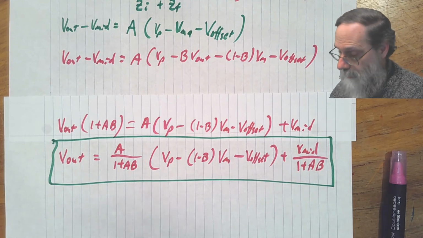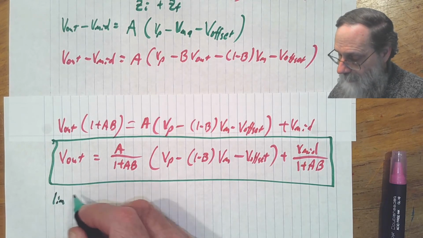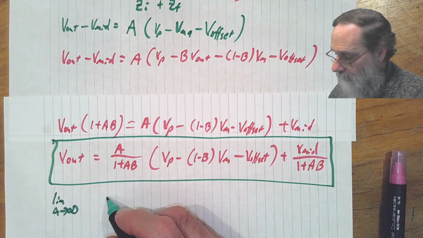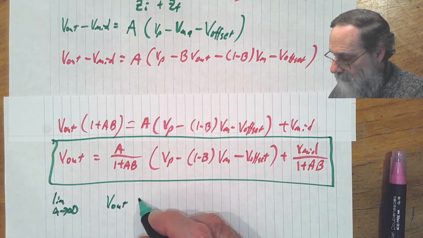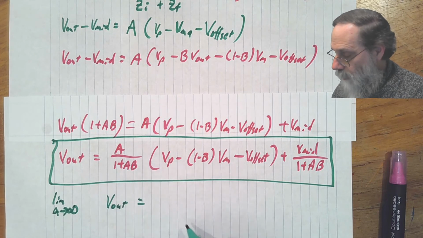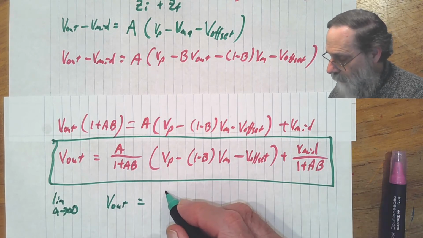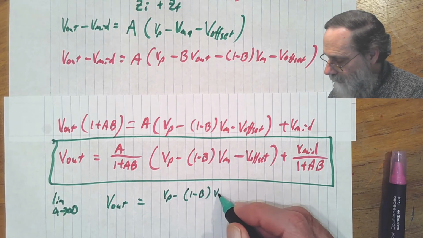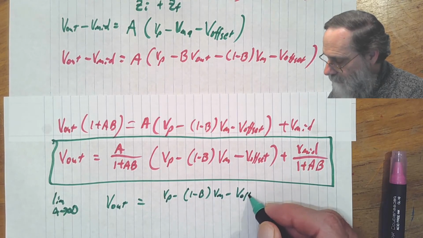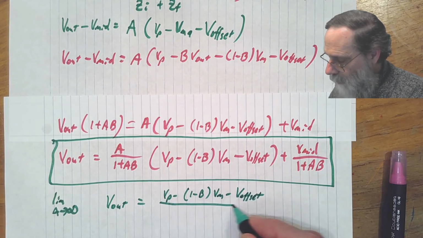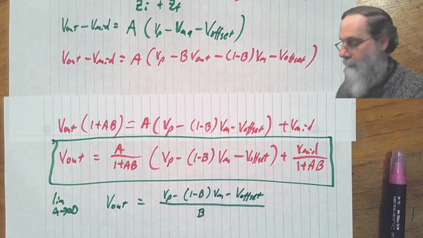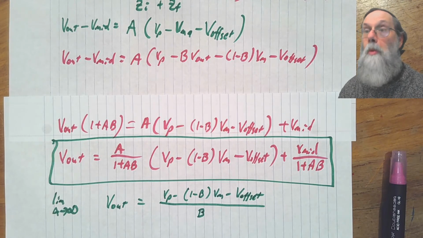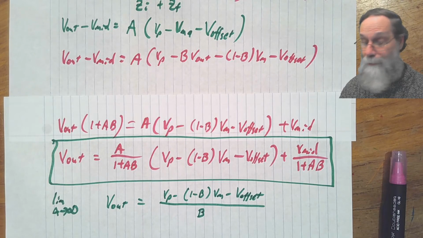So if we take the limit as A goes to infinity, we're going to have V out is, well, this is going to be 1 over B, and that's going to disappear, so we'll just have Vp minus 1 minus B Vm minus V offset over B. And that now is starting to look more like the sort of thing we would want to see.